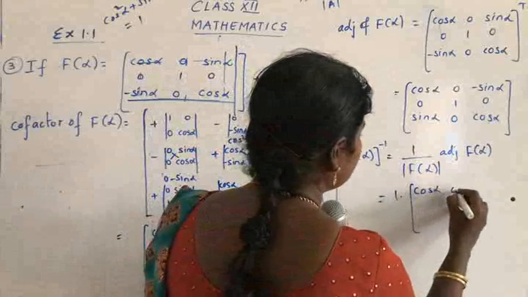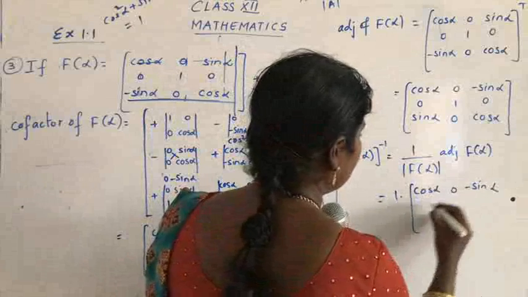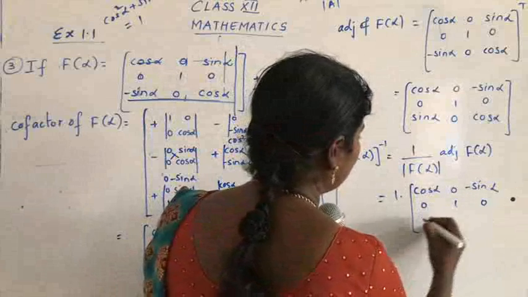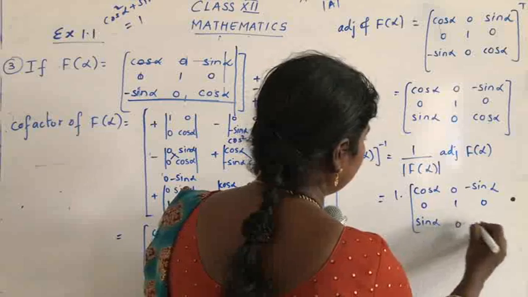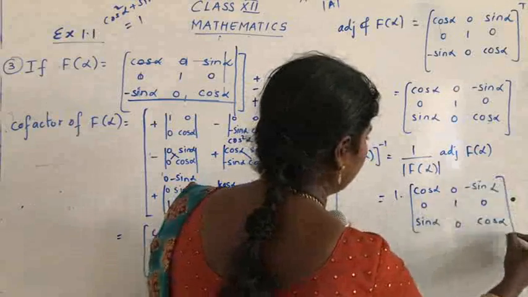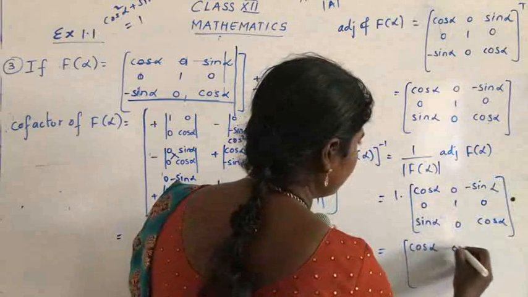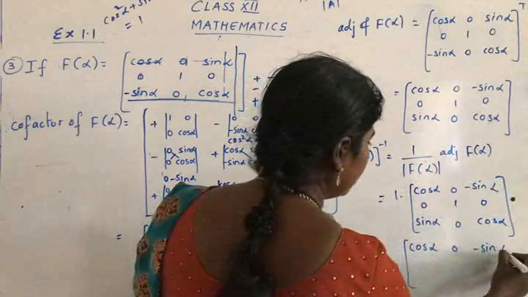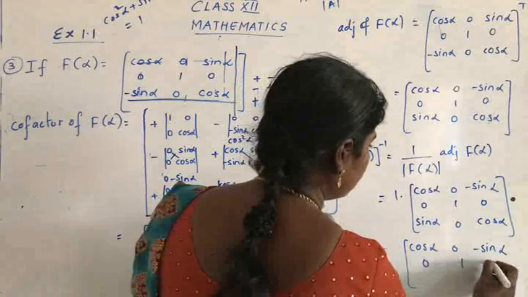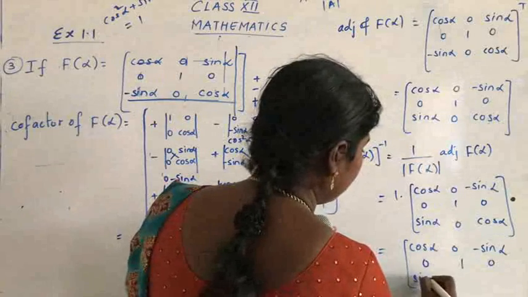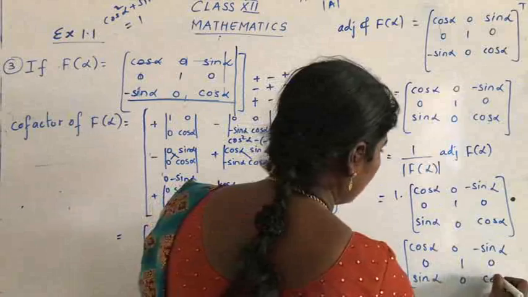Cos alpha 0 minus sin alpha, 0 1 0, sin alpha 0 cos alpha. So your answer becomes cos alpha 0 minus sin alpha, 0 1 0, sin alpha 0 cos alpha.